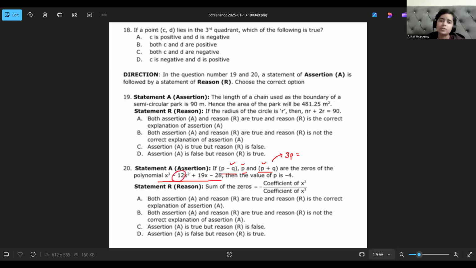B here is minus 12, a is 1. So minus b by a, minus of minus 12 by 1. Now minus minus becomes positive. Now 3p is 12, so basically p is 4. So p is given minus 4, which is incorrect. Now if assertion is false, then we have only one option left, which is option number D. You can also check the reason. The reason will be correct only.